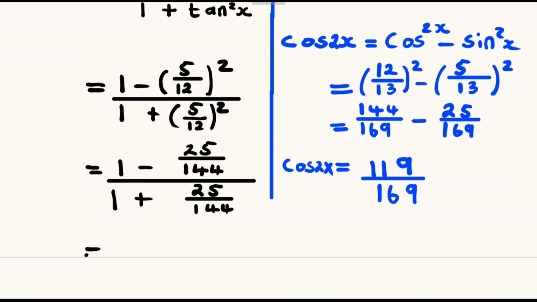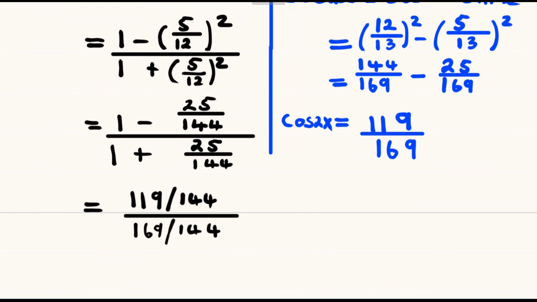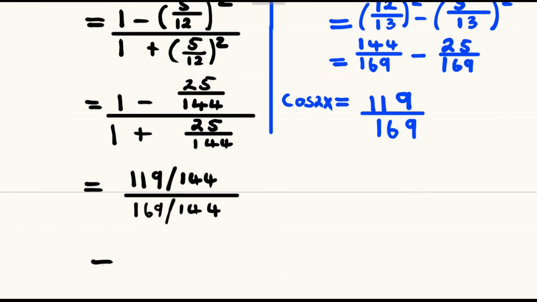So this will be equal to 1 minus 25 divided by 144, which is 119 divided by 144, divided by 1 plus 25 over 144, which is 169 divided by 144, and so this is also equal to 119 divided by 169.